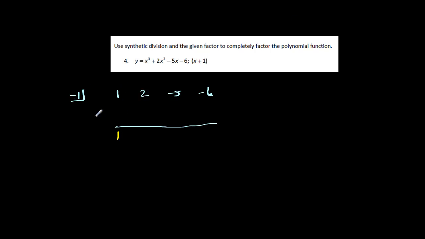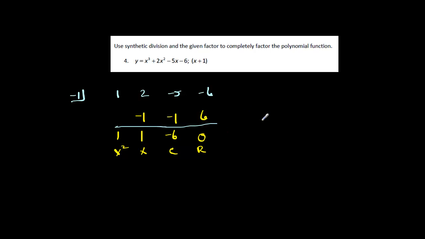Drop the 1 down, multiply, add down, multiply, add down, multiply, add down. So this is your remainder. That's your constant. That's your x. That's your x squared.